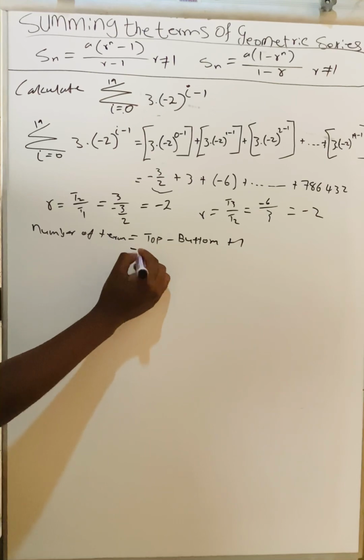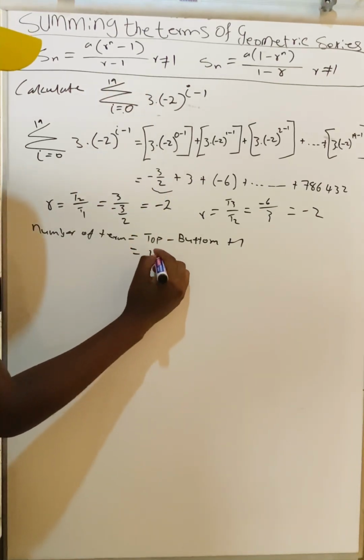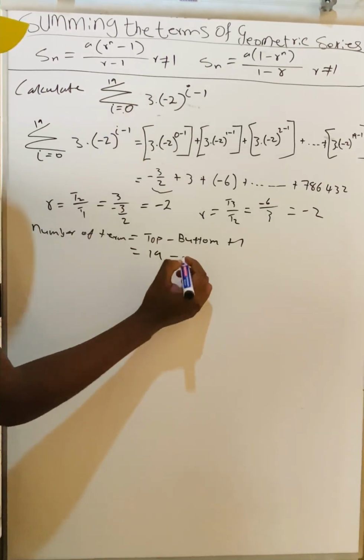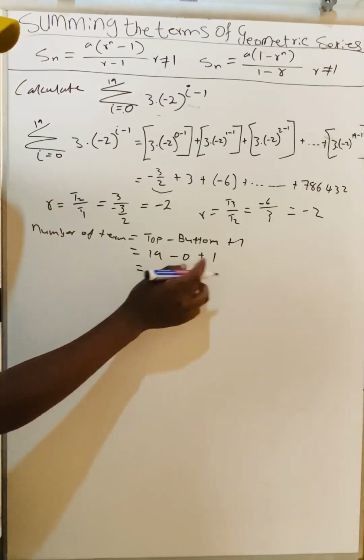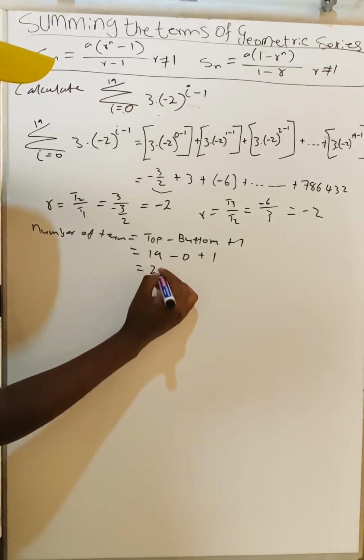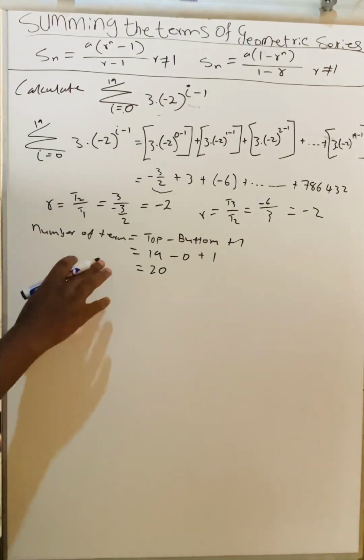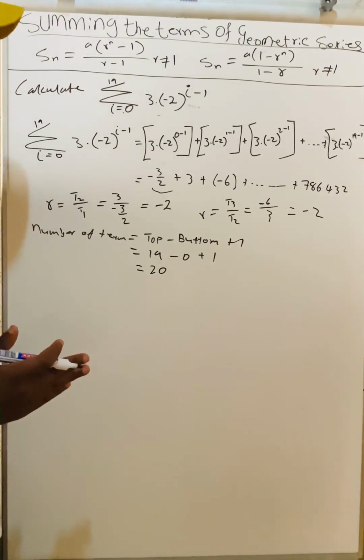What is our top? It's 19. Our bottom is 0, plus 1. You will have 20. The number of terms is 20.